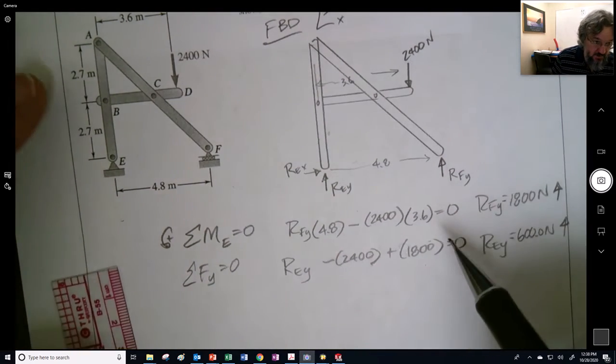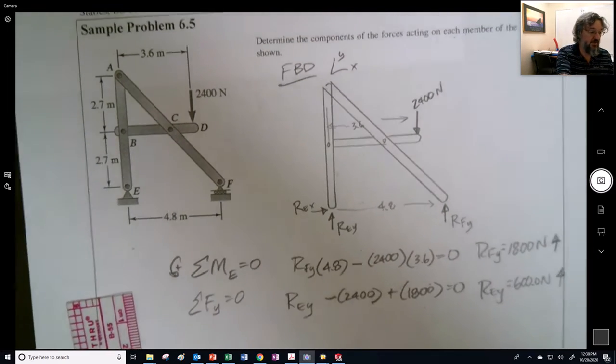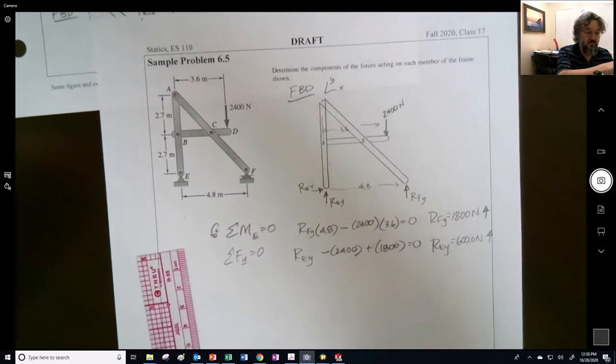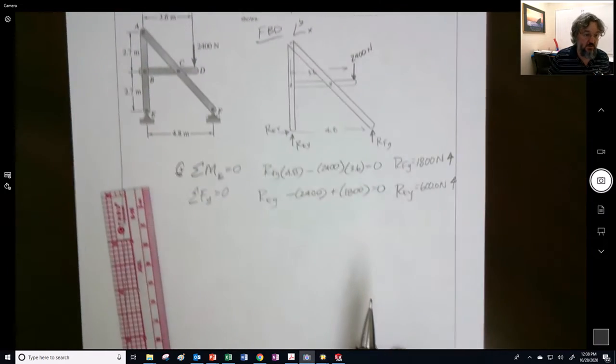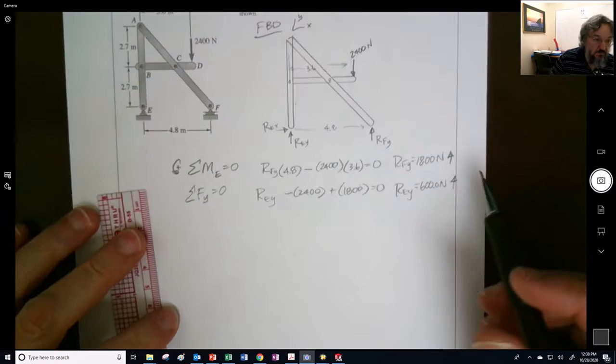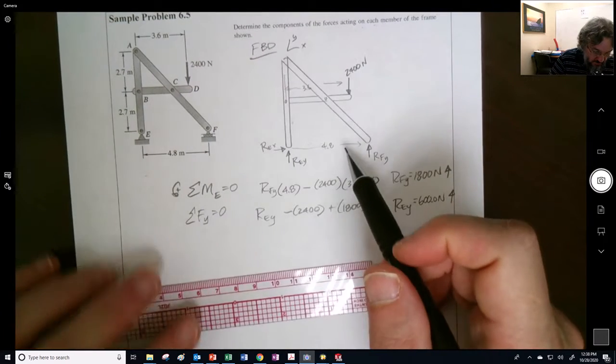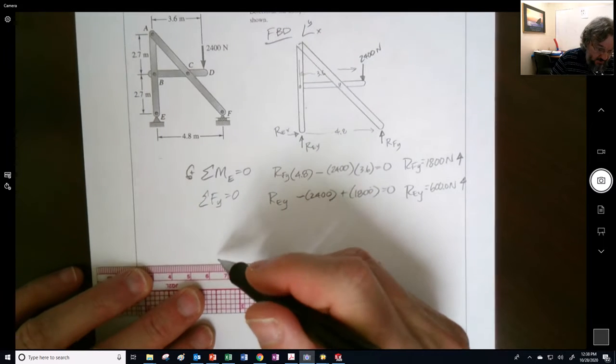Now we want to start breaking the thing down. Let's see, push this guy upwards a bit. And let's see. I'm going to do this horizontal component here, this horizontal piece right here.